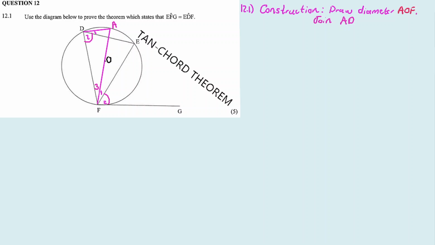Remember, we want to prove that these angles are in fact equal. In other words, we are trying to prove that angle D2 is equal to angle F2. Another way of looking at this problem, right?